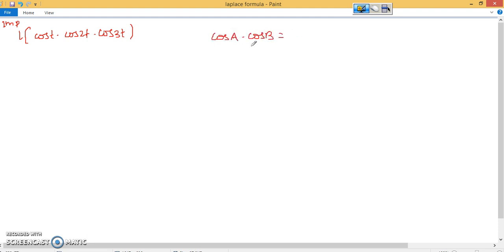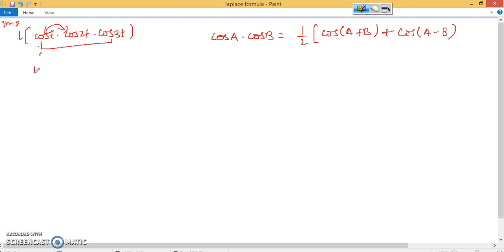What is the formula of cos A into cos B? 1 by 2 cos of A plus B plus cos of A minus B. So we'll take any two of these, either we can take this into this, anyone. So consider I am taking this cos 3t and cos t. This is cos of A and cos of B.